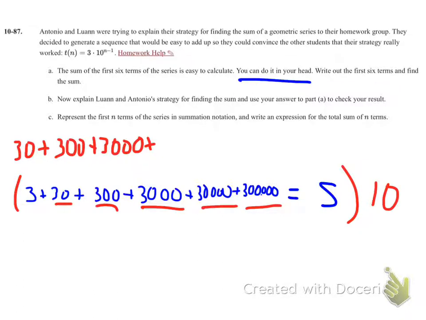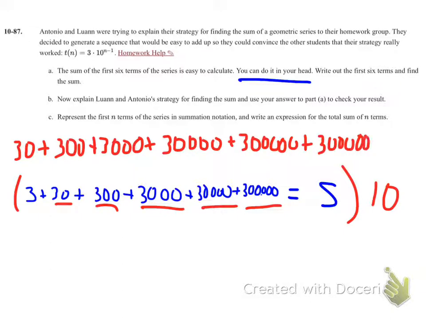So then I would have 30,000, and then I would have 300,000, and then I would have a new term that is not part of this series. It would then be 3 million. And that will equal 10 times the sum.